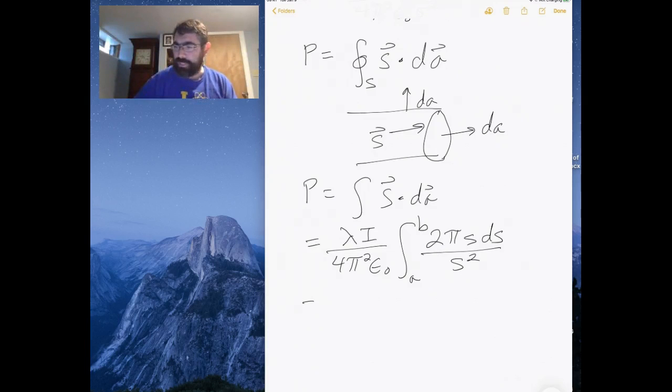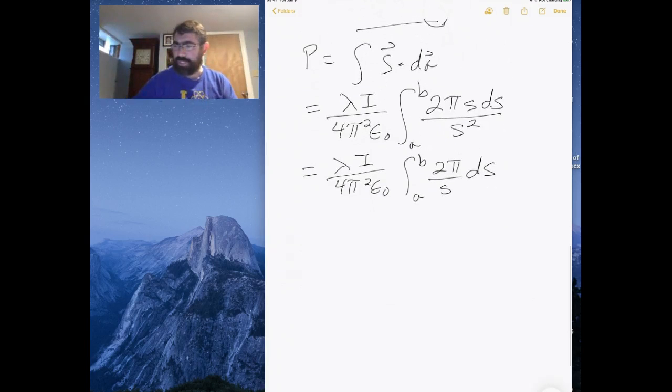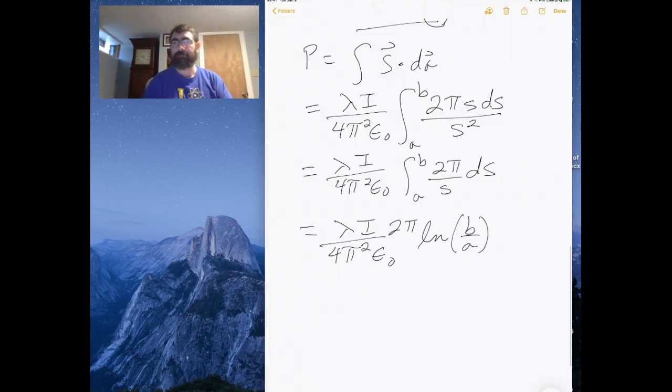So in the end, I just need to take the integral of 1 over s, which is the natural log, which gives me lambda I over 4 pi squared epsilon naught, 2 pi, the natural log of b over a.